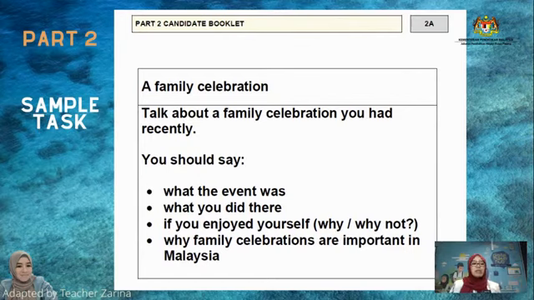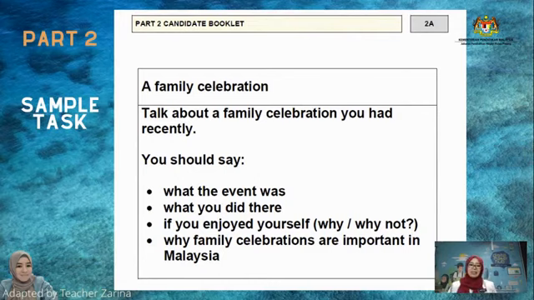Like for example, what the event was, they don't know what the event is, and they don't know the meaning of what you did there. They may not know all these 4 points. So when you give them the topic, then you teach them to imagine or to ask the WH questions, so they may be able to come up with their own ideas by asking themselves the WH questions.